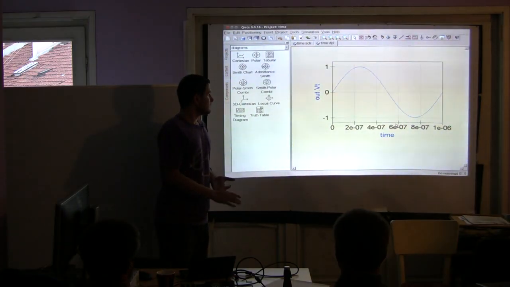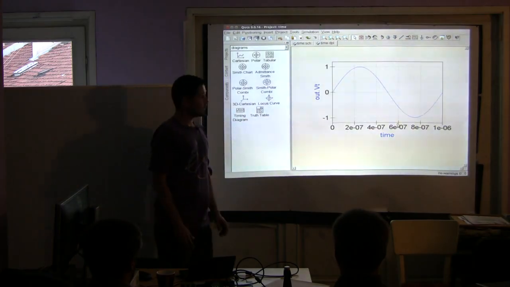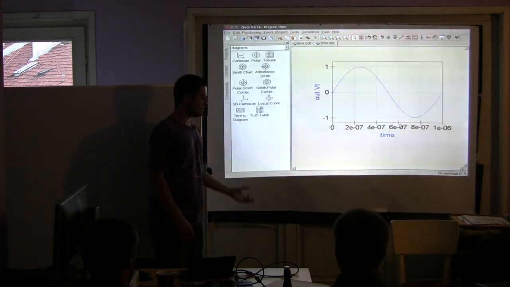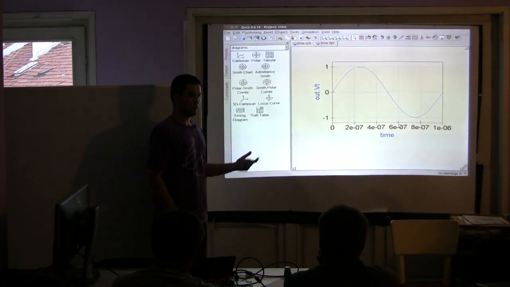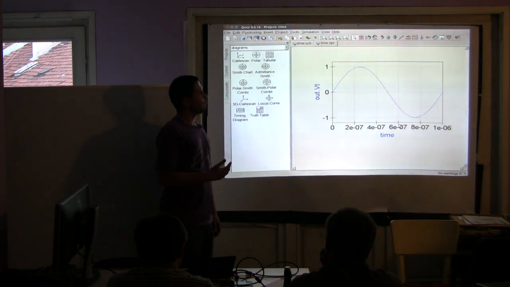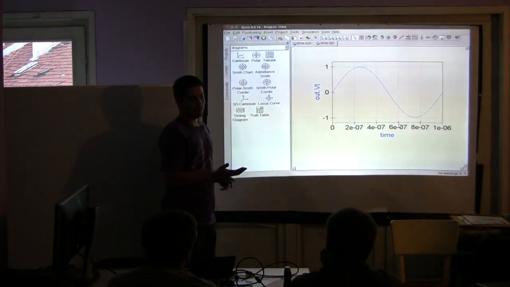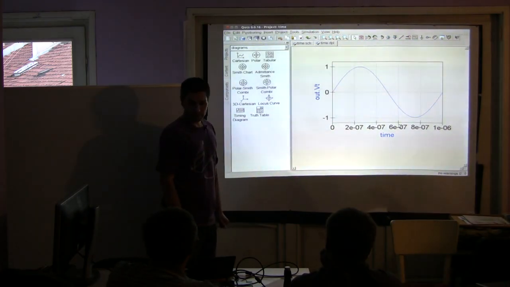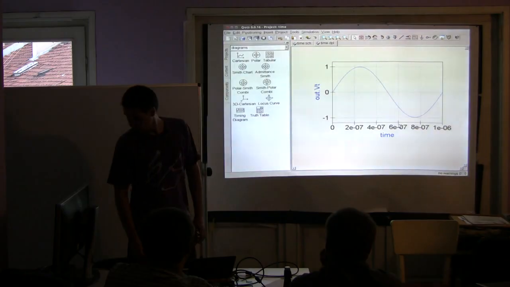We will discuss this when we get to simulators, but the thing is that you can define the signal in frequency domain and see how it will look in time domain.